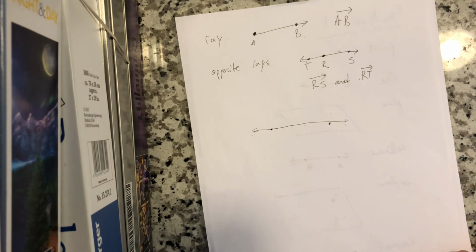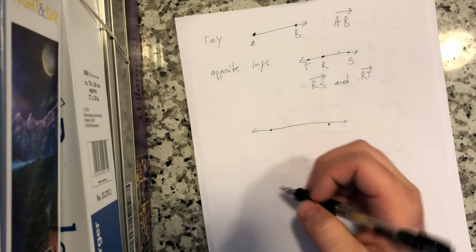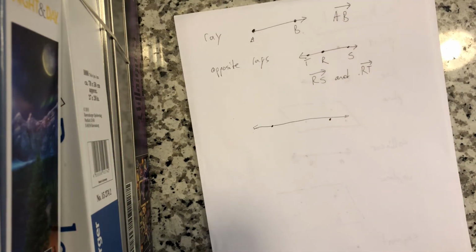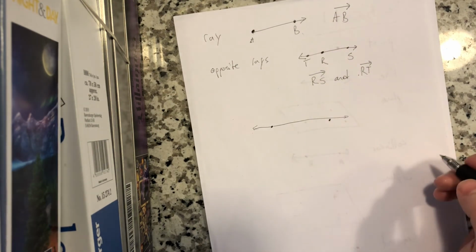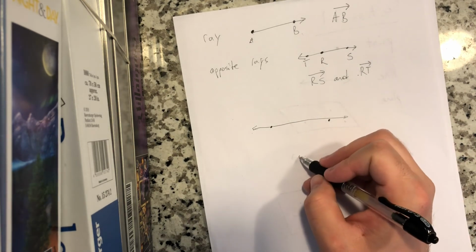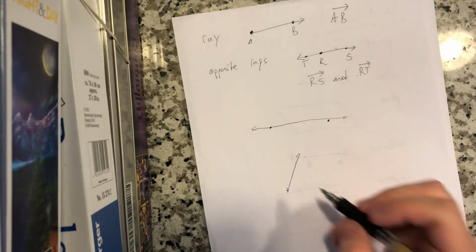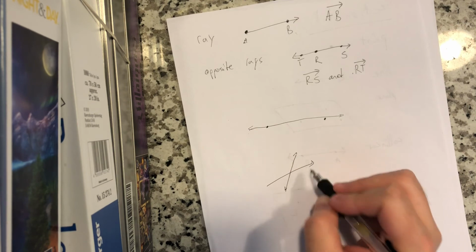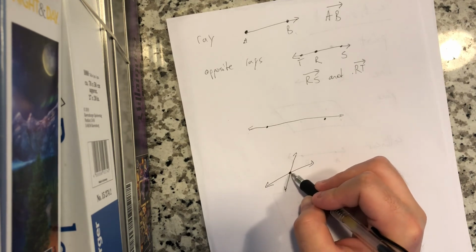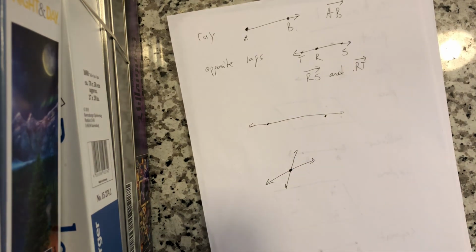Also, if you have 2 lines that are not parallel, then they will intersect at exactly one point. So if you've got 2 lines and they're not parallel, again assuming they're actually different lines, they'll intersect at a point.